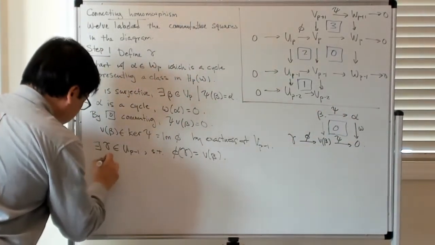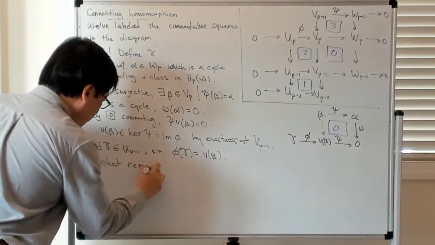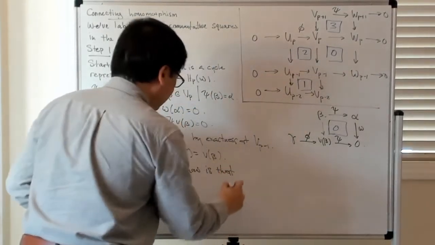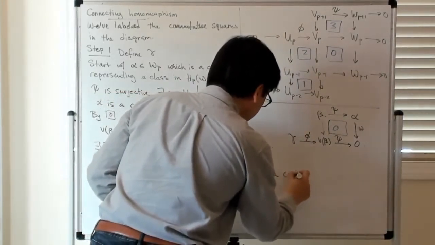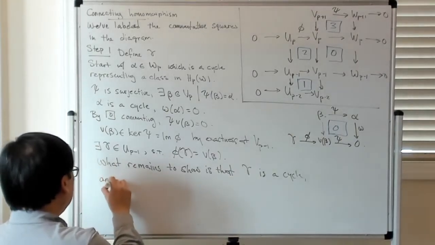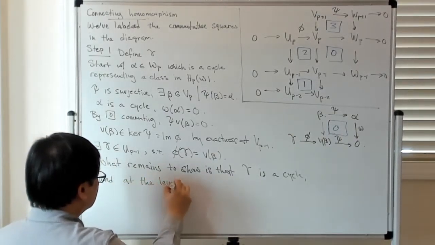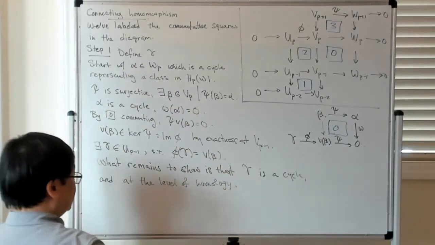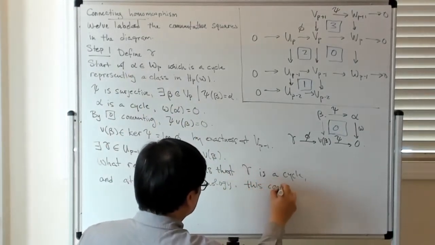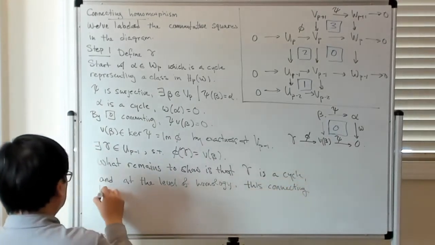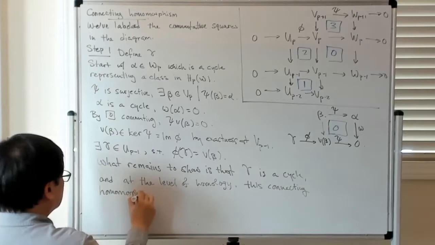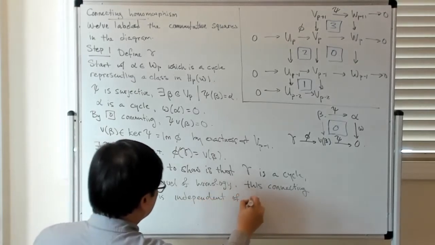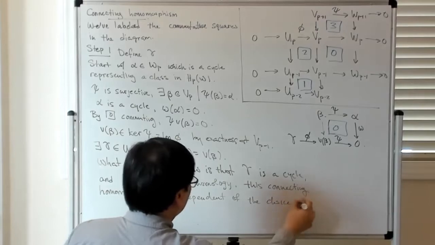So what remains to show is that gamma is a cycle, and that at the level of homology, this connecting homomorphism is independent of the choice of alpha and beta.